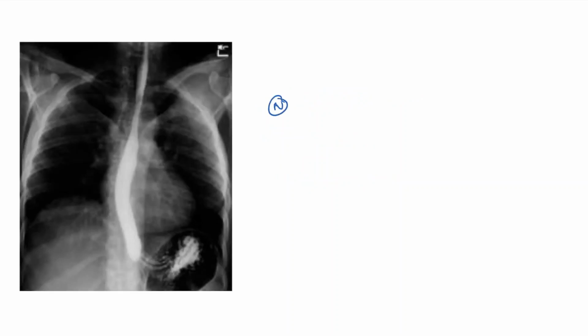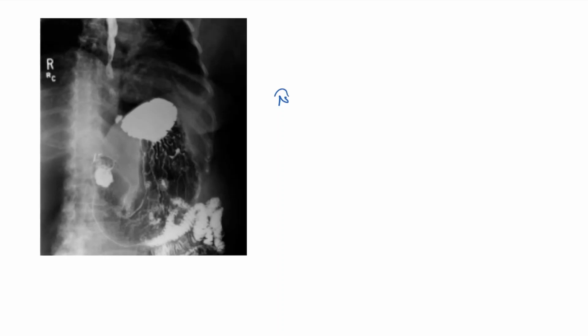This shows a normal barium swallow AP view. This shows normal air contrast of upper gastrointestinal system.